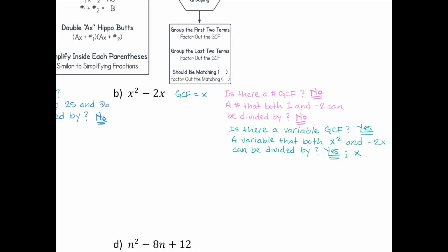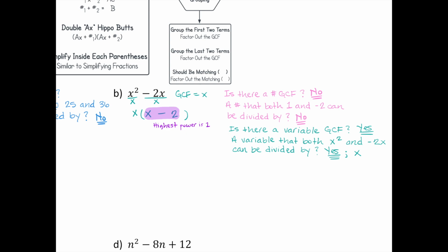We write x out in front of parentheses. We show the dividing out of the x: x squared divided by x is x, and negative 2x divided by x is negative 2. And now we look inside of the parentheses and notice that your highest power inside of the parentheses is 1.